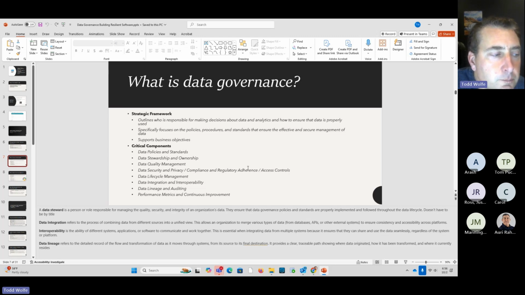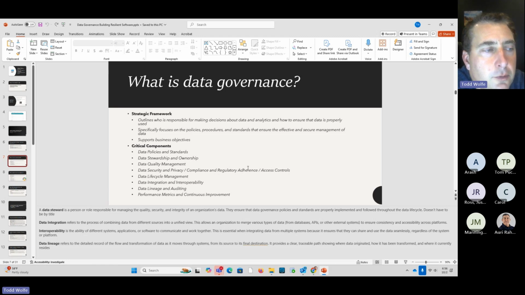I know when I did my doctoral research back in the 2020, 21 timeframe, the organizations that I surveyed, when I talked to them about data governance and what processes and policies and principles they were applying, most of them talked about the critical component that I have there around data security, privacy, compliance, and regulatory adherence along with access controls. That was what they related to the most. The other critical components they didn't really have a good grasp on or didn't even address in many cases.